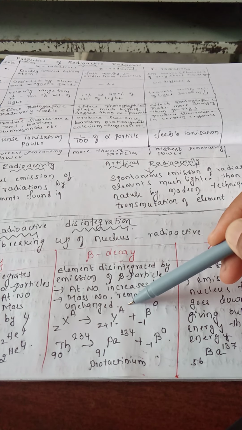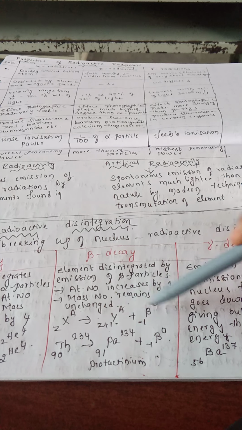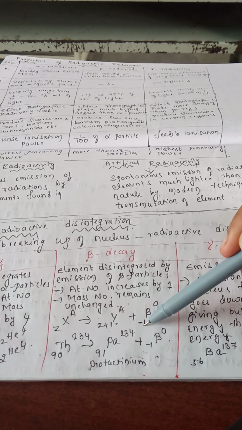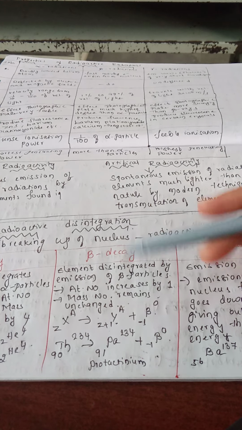X(Z, A) gives Y(Z+1, A) with the emission of a beta particle, (-1, 0). The charge is negative.